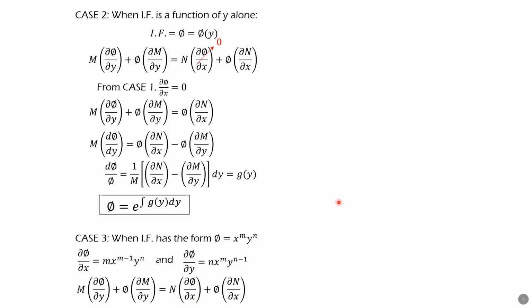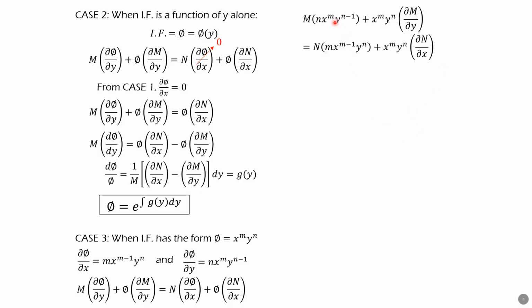So m times quantity n x to the m, y to the n minus 1, plus x to the m, y to the n, partial of m with respect to y equals n. Then partial of p with respect to x is m x to the m minus 1, y to the n, plus x to the m, y to the n, partial of n with respect to x.